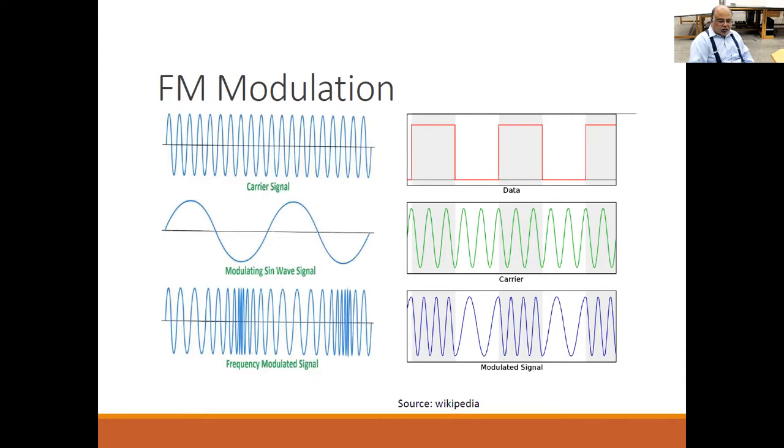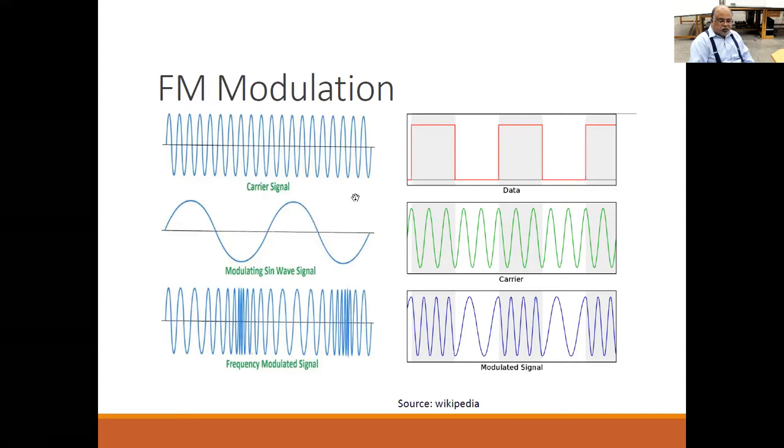Remember this for your life: during transmission of a signal, no matter how far you send, the frequency doesn't change. Due to noise, the amplitude may change. The fundamental frequency cannot change. It may have harmonics, which are multiples of the fundamental frequency, but the frequency cannot change. If I send a 1 kilohertz signal, no matter where I send it, it will remain 1 kilohertz. So FM, from a frequency point of view, is very robust.